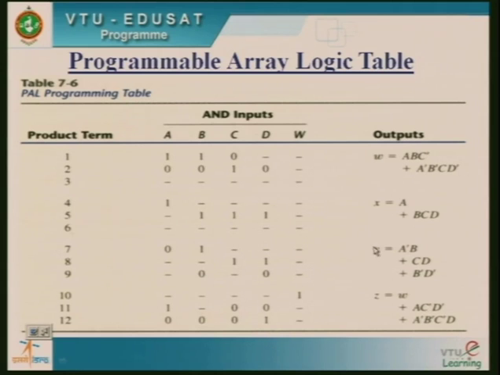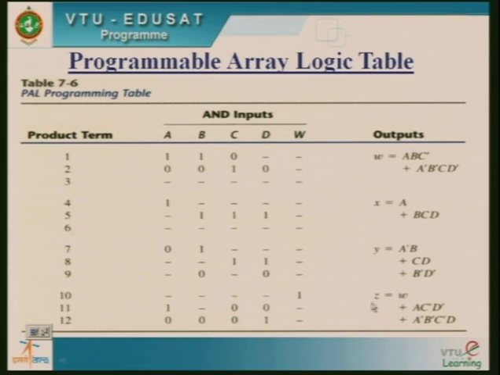Coming to the third function, we have 3 AND gates with A complement and B, A complement and B, C and D, and B complement and D complement. So we are generating 3 product terms here.